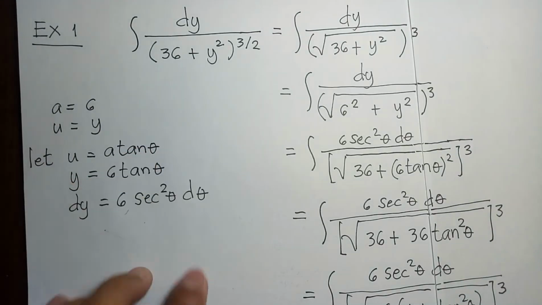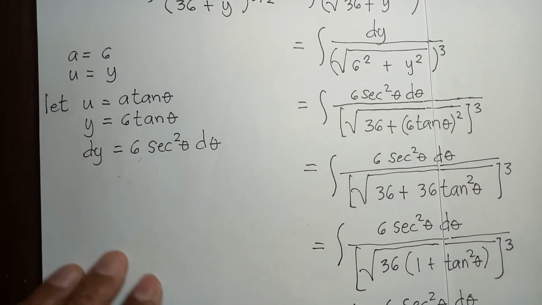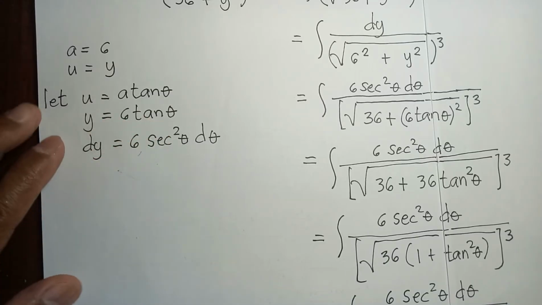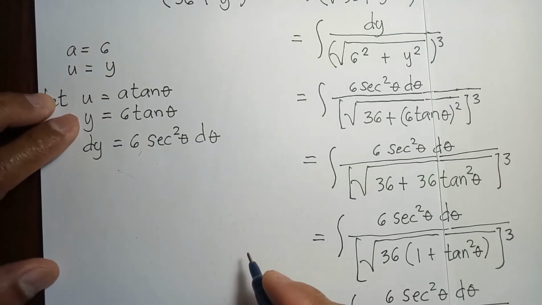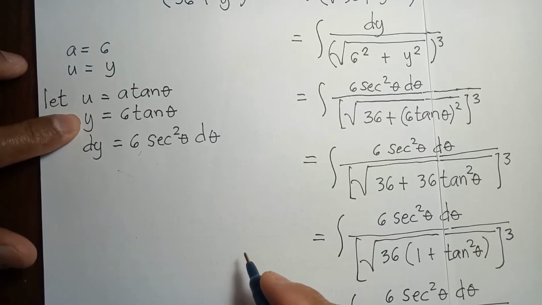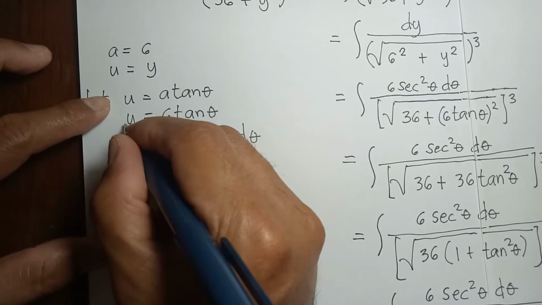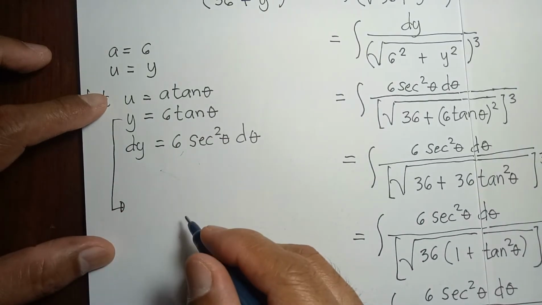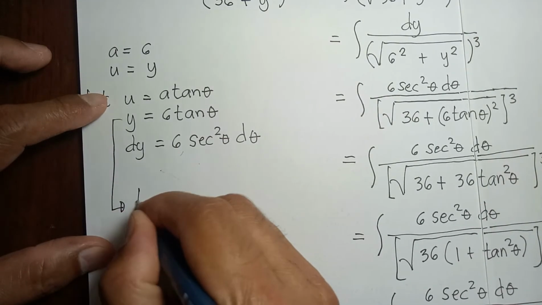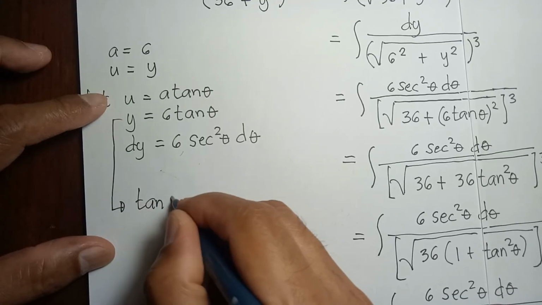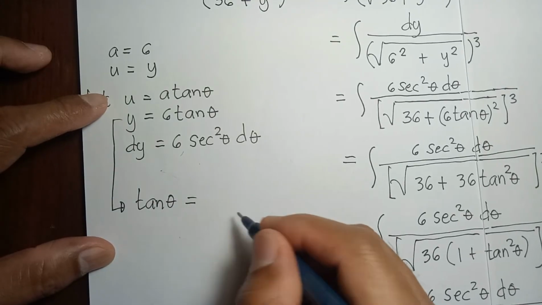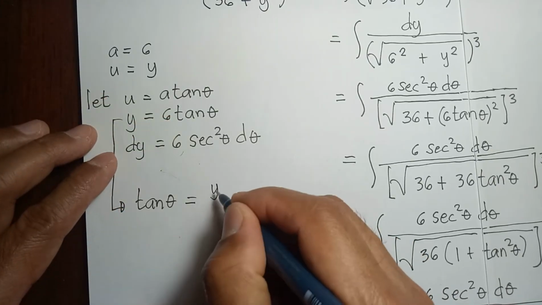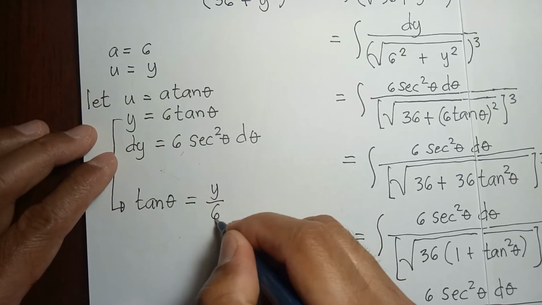So, babalik tayo ngayon sa ating substitution. So, y equals 6 tangent of theta. Dito sa y equals 6 tangent of theta, pag ating isosolve yung tangent of theta, tangent of theta equals y divided by 6.